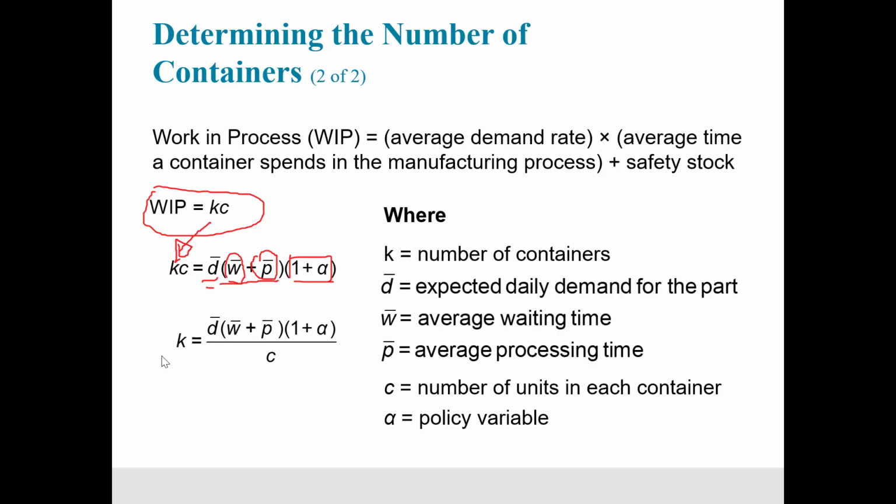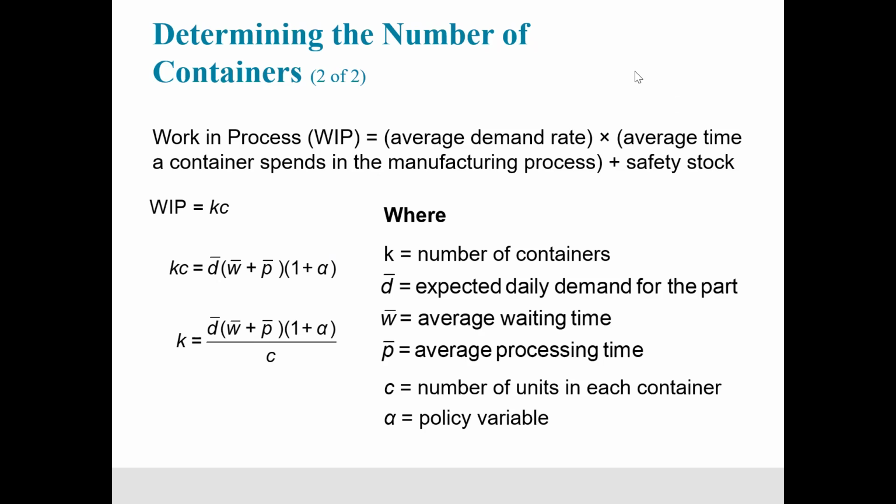That's what I have down here: the number of containers required to accomplish a certain amount of output. For the most part, everything here stems from our original formula for the work in process inventory. And we're going to look at an example of the types of questions you might encounter with regard to Kanban.